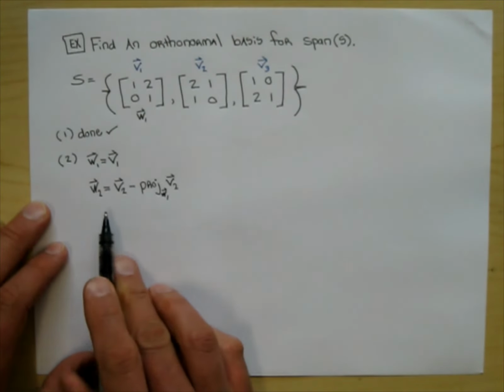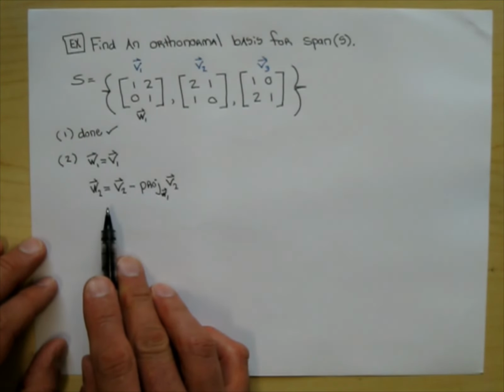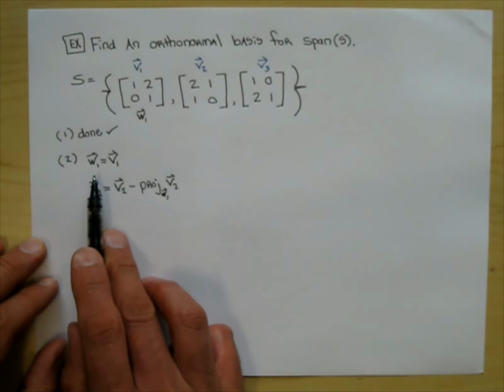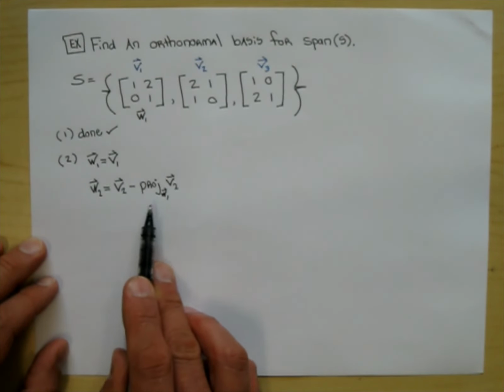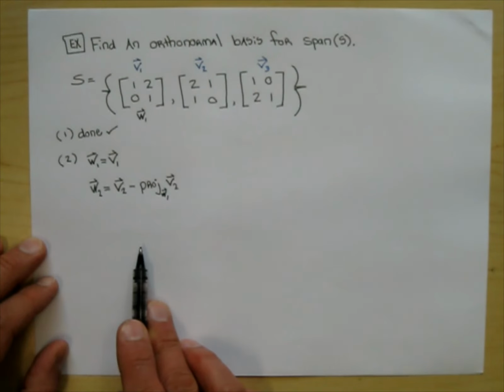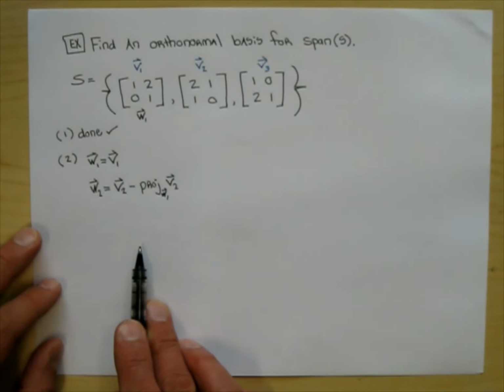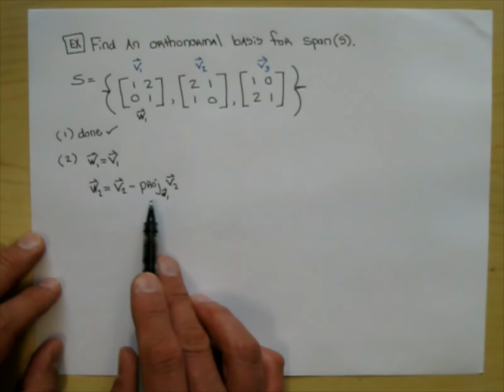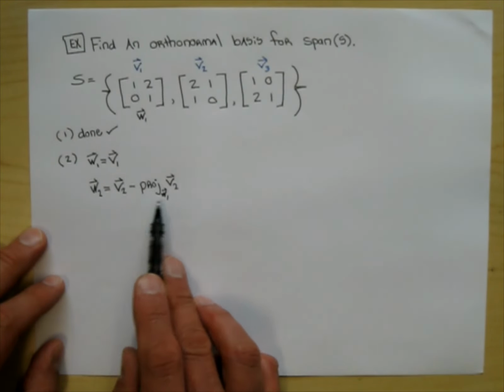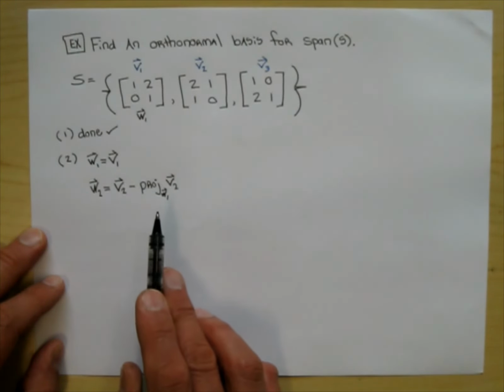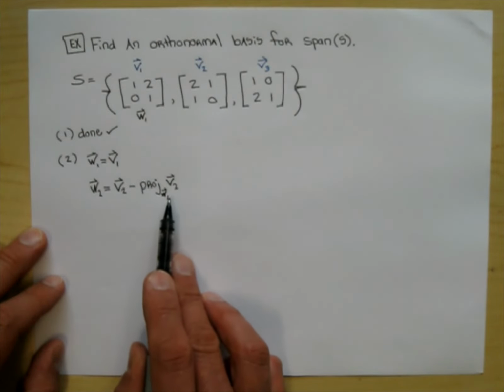When I teach face-to-face, I actually give this formula and the W3 one with the projection. But since this is an online class, obviously you can look this up and you can look up what the projection is as well, but it's good to know how to write that projection.